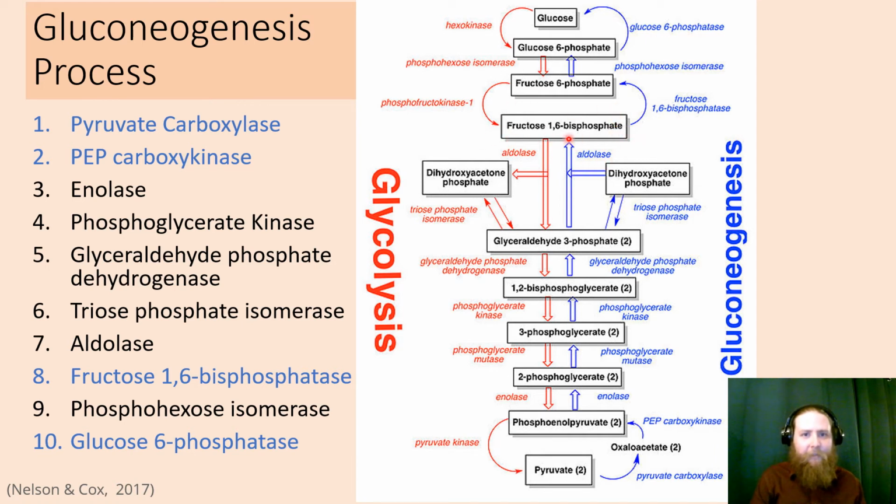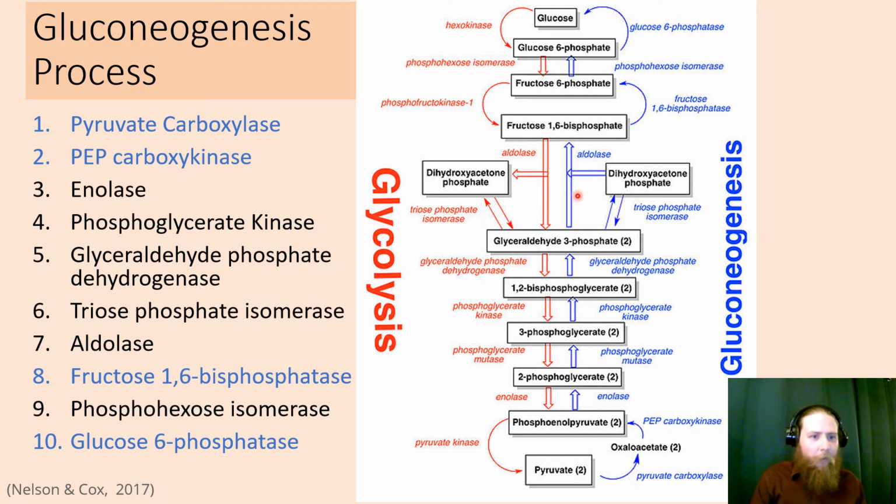So aldolase, where it splits this into 2 different things that are then isomerized into the same one, we're doing the opposite. We need this different isomerization here to make this fructose 1,6-bisphosphate. We can't have 2 of the same thing. We have to have 1 of each now. So that's what aldolase does in gluconeogenesis. It's creating this fructose 1,6-bisphosphate, mashing these 2 similar but different units together.